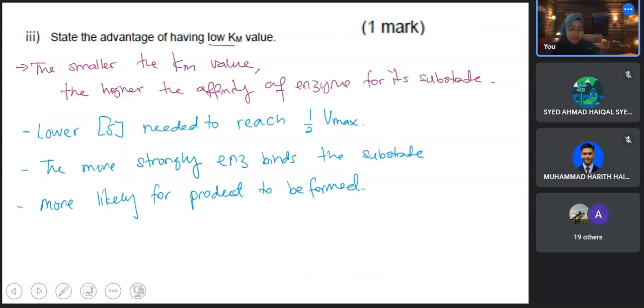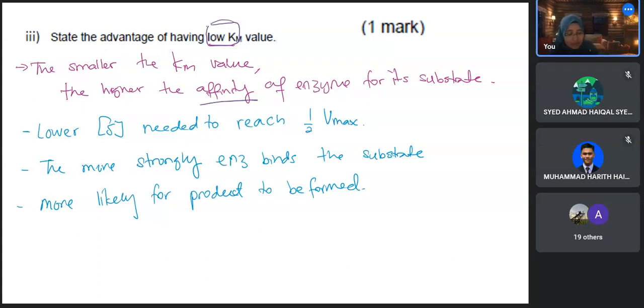Alright, so next question, state the advantage of having low Km value. So basically you want a reaction that has the lowest Km value. Why is that? Because the smaller the Km value, the higher the affinity of the enzyme binding to the substrate.